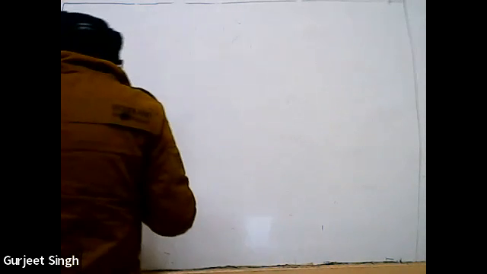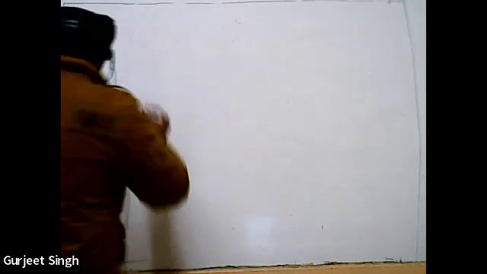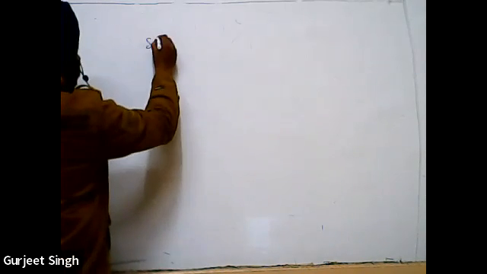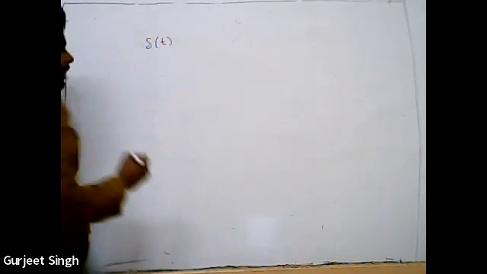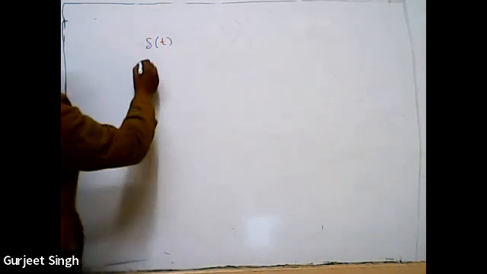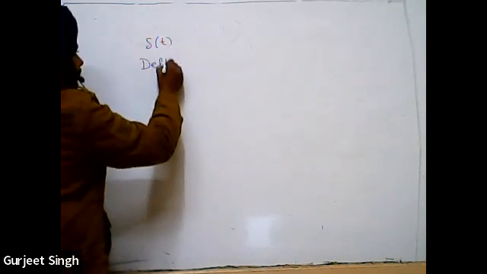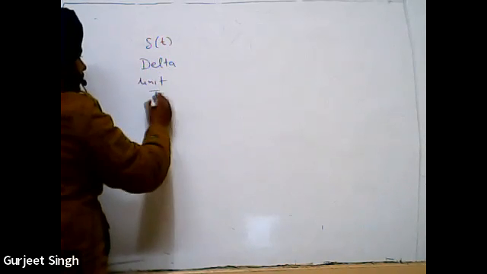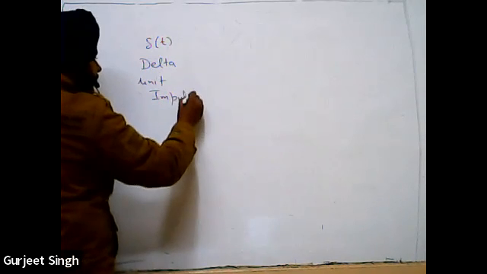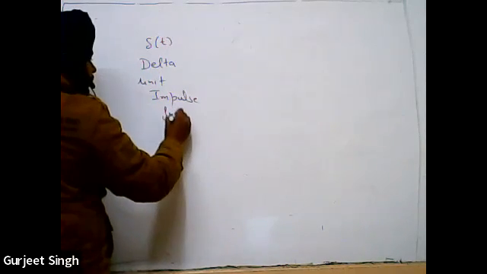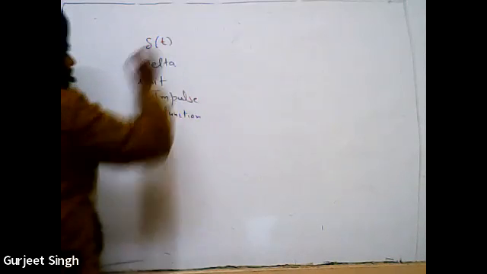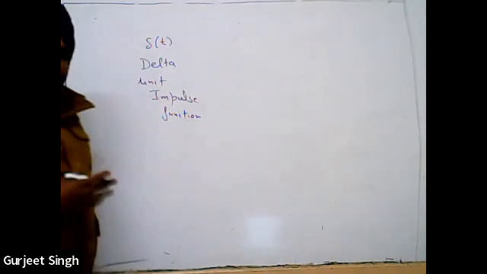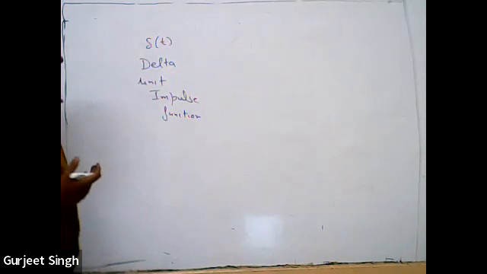First of all, we have the delta t function, called the delta function or unit impulse function. We know delta t has its value as 1 for t equal to 0.